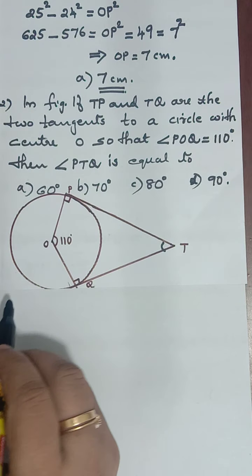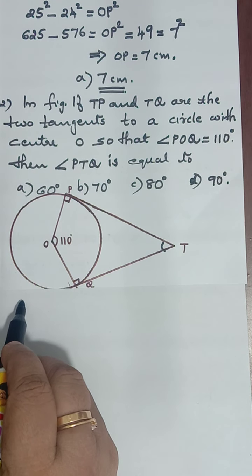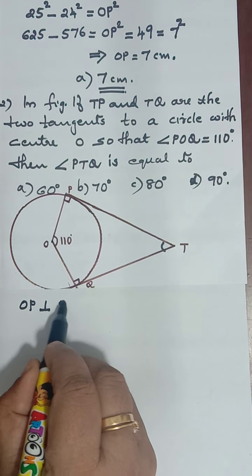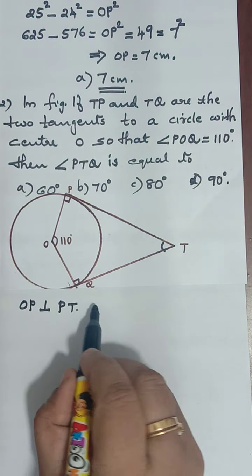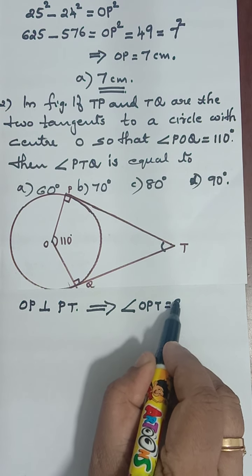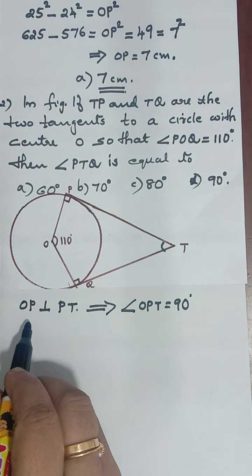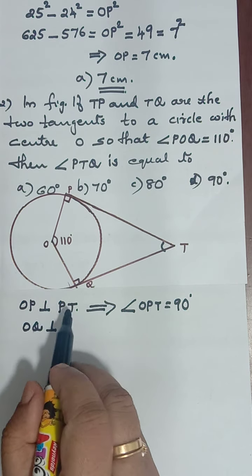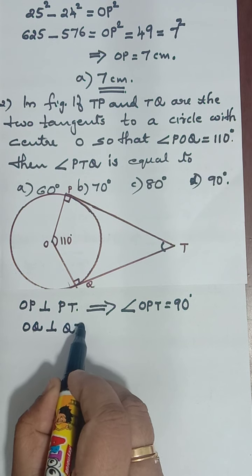So let us use the same method. Here you have to write OP perpendicular to PT. This implies angle OPT equal to 90 degree. Similarly, OQ perpendicular to QT.